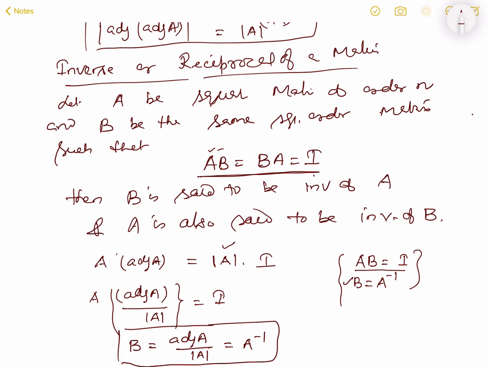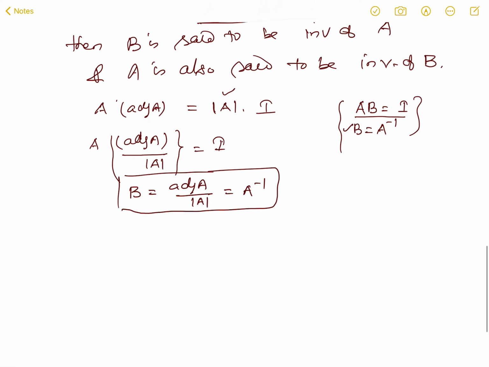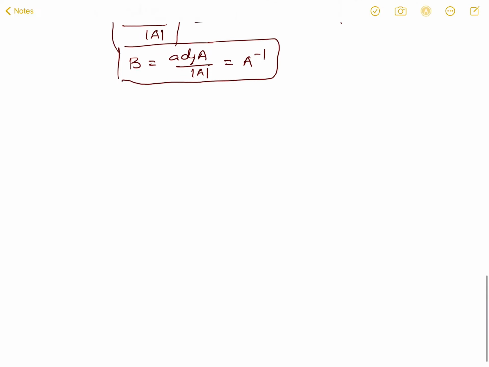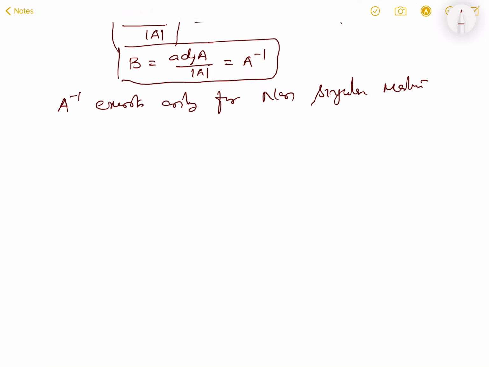So here we can say that the A inverse exists only for non-singular matrix. What is non-singular matrix?